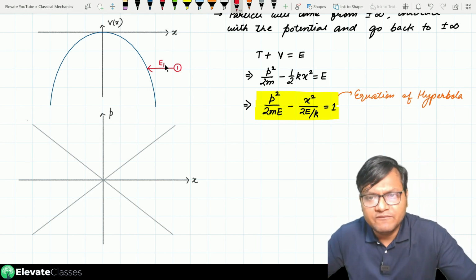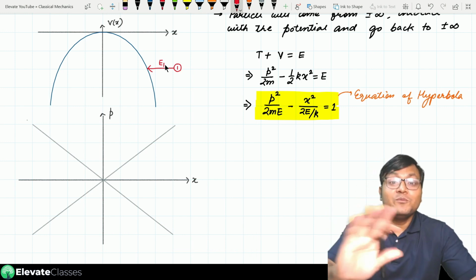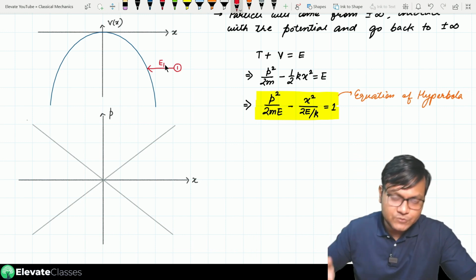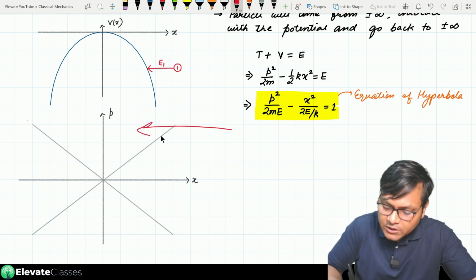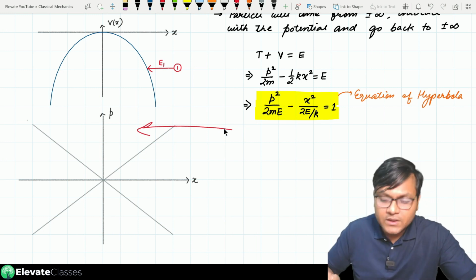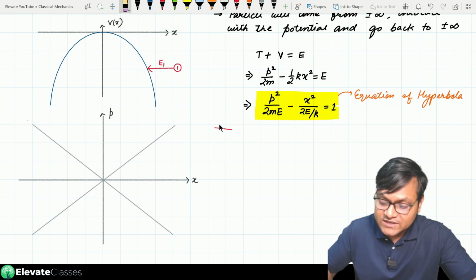Sorry, my mistake, it is not approaching from the left, it is coming from the right and towards the left. So x is initially positive and momentum is initially negative because it is directed towards the negative x-axis.